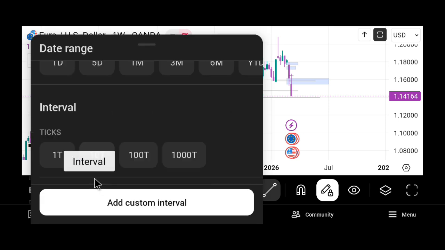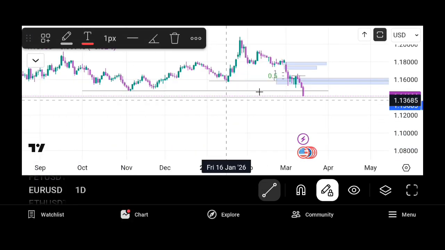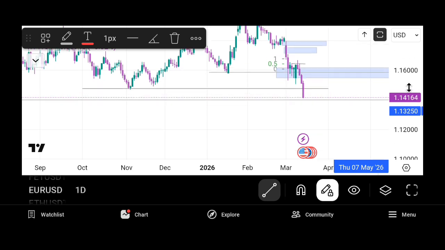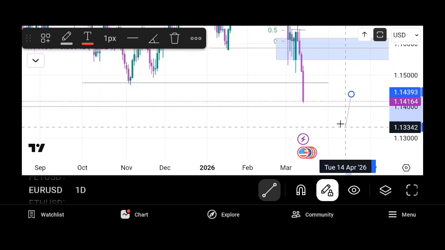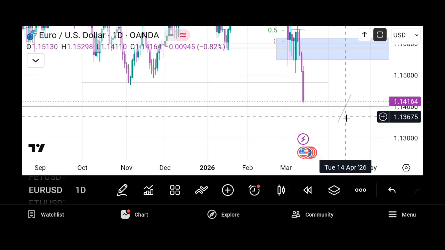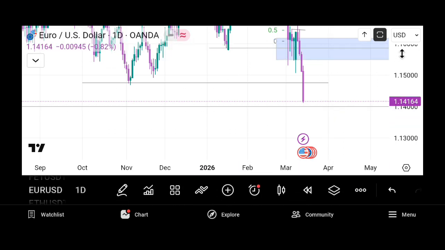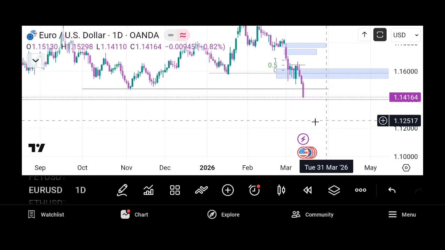Then on the daily, we are still very bearish.